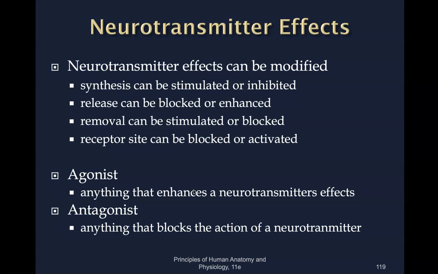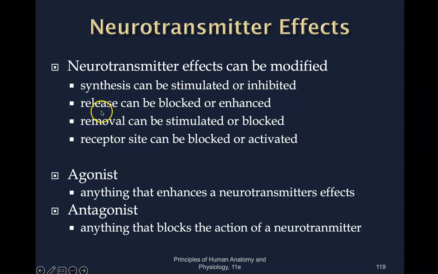And then really quick, there are 4 ways that neurotransmitters can be modified. One, our body can influence the actual amount that's synthesized. So the synthesis can be stimulated, so you produce lots of that neurotransmitter, or it could be inhibited if it needs to be.